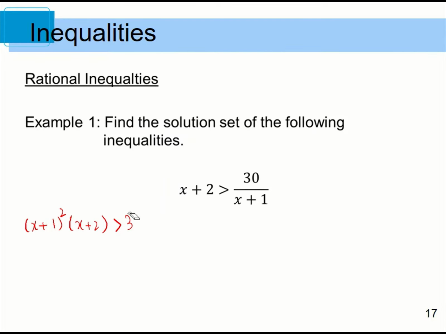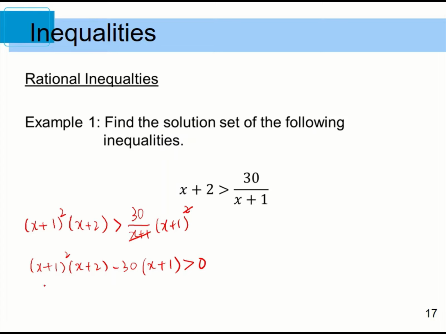We multiply the left hand side, and we multiply the right hand side with (x+1) squared. On the right hand side, we can simplify this one, and we bring the 30 multiplied by (x+1) to the left hand side. So now after that, we have the expression greater than 0.